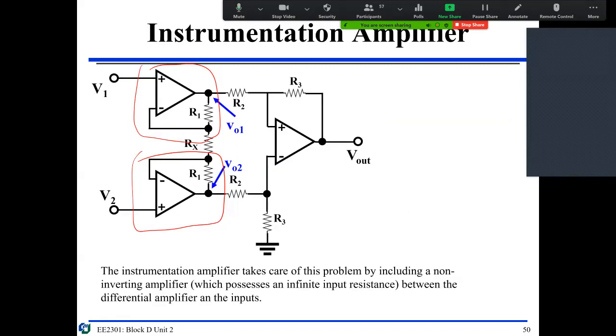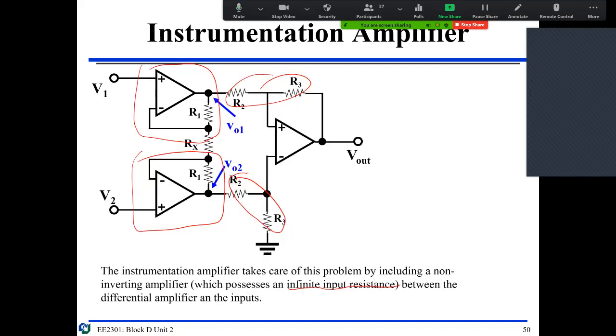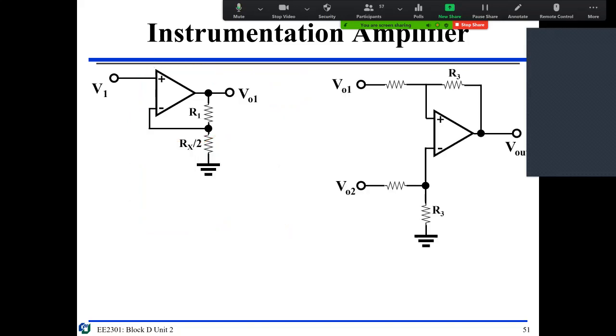Analyze this circuit. Of course, here we are still symmetric. Did you see that? Okay. So the difference is we added a buffer stage. Do you see that? So we get a non-inverting amplification, so that we have infinite input resistance. Okay. So let's check. So this looks quite complicated, but it's actually not.